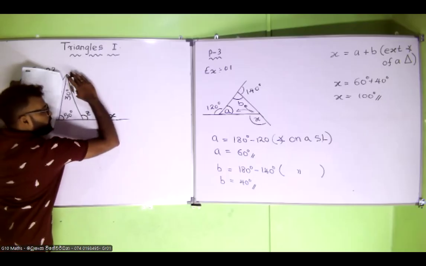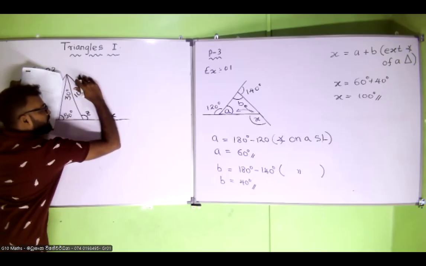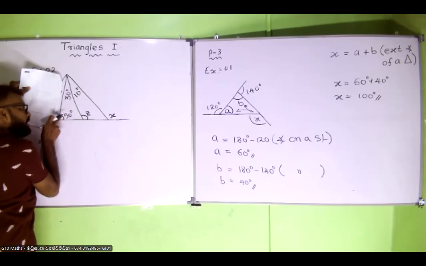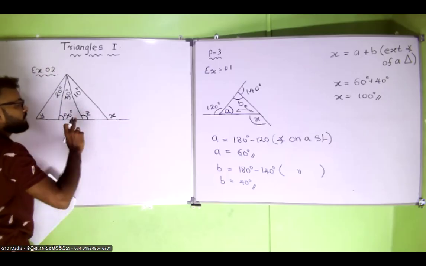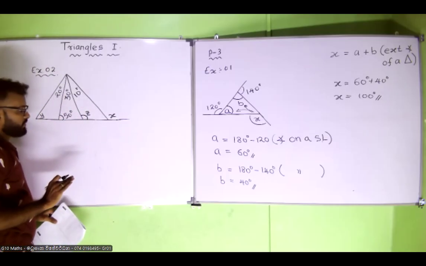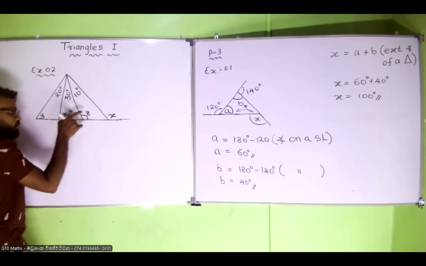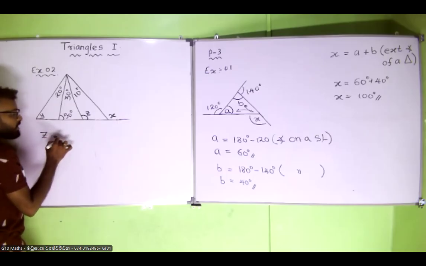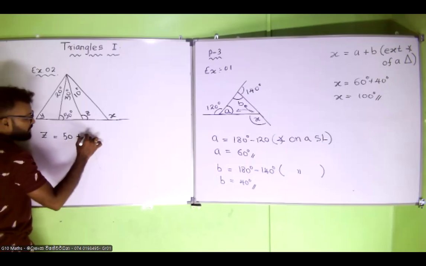For a moment, I am going to forget this. Now I have exterior angle z, with two interior opposite angles which are 50 and 30. So I can write the magnitude of z easily. Before finding x, I am going to find z. So how to find z? z is equal to 50 degrees plus 30 degrees.